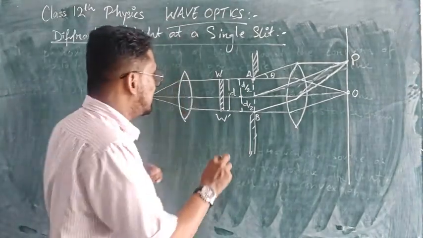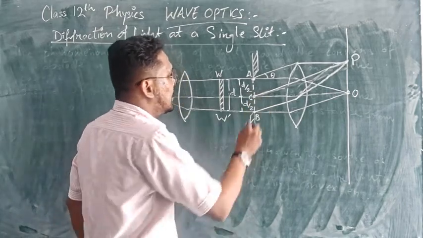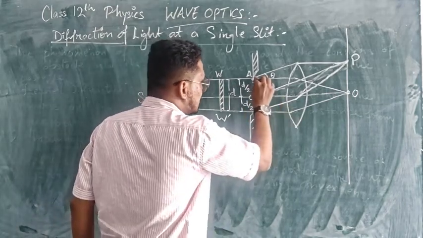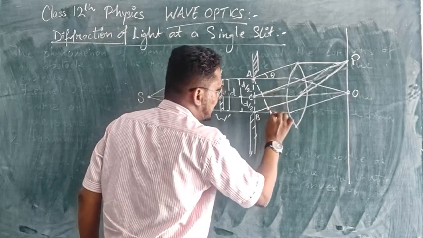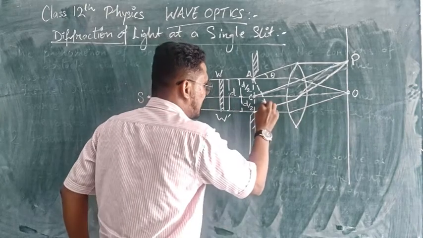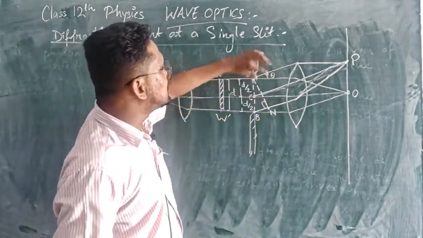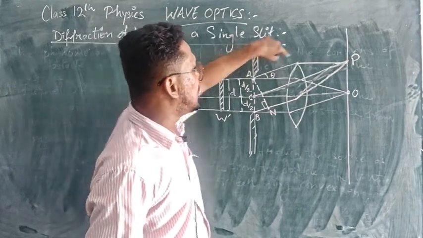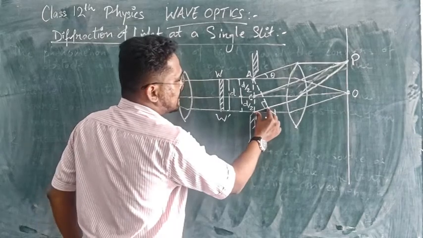Now, let me have one more point C here in the middle, and because of the change, I have to draw a perpendicular on this surface, name it N, AN. Correct? This is perpendicular, and so what do I get? I get that my path difference here, which is the difference between the AP and BP, is BN.